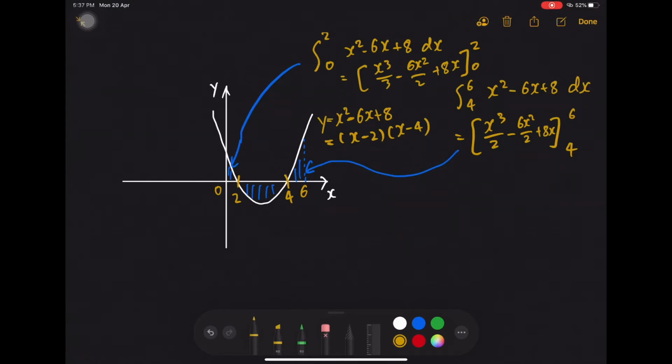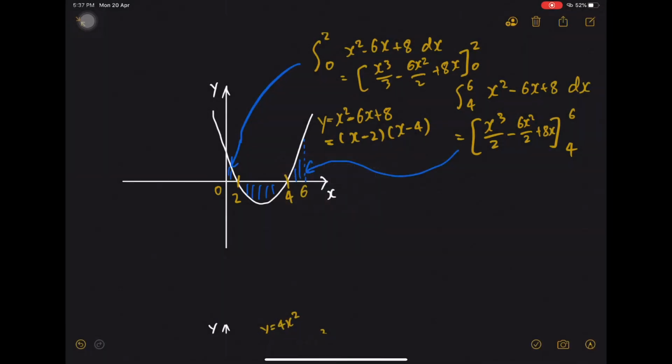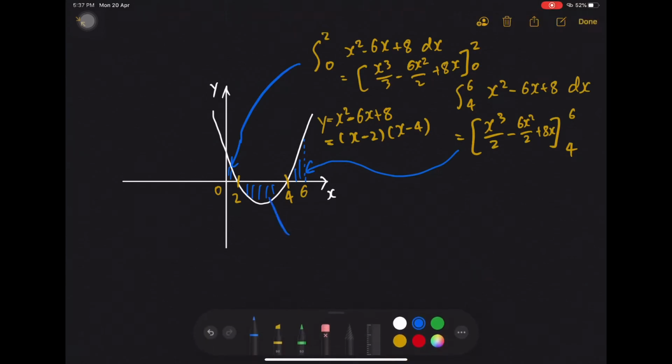And the one below here, the one right down here, is almost the same as doing this for 2, integrating with your dx. But this will get you a negative value. So remember, you need to mod it. You've got to take the modulus.